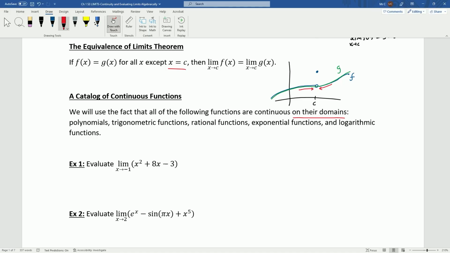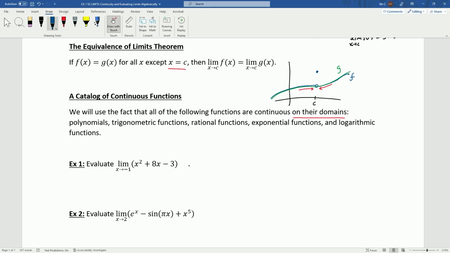So many of these functions have places where they are undefined. Square roots are not defined for negative numbers. Logarithmic functions are defined only for strictly positive numbers. So we have to keep in mind the domains of the functions, but as long as you know their domains, anywhere, anytime you're in the domain, you're fine. They're continuous.